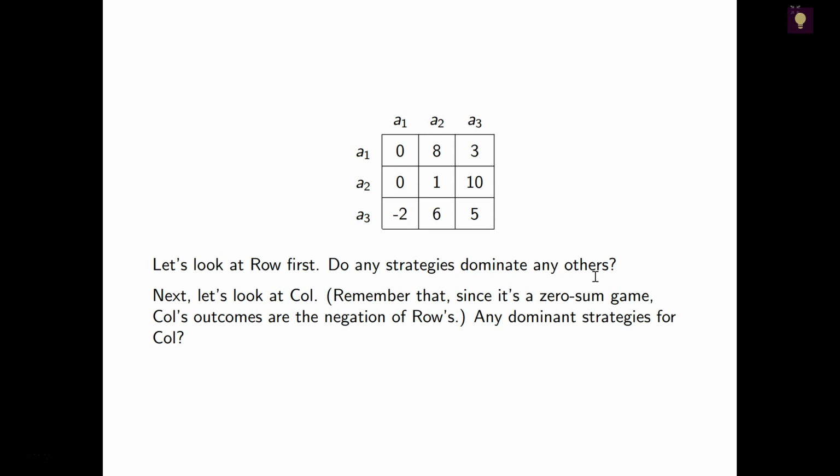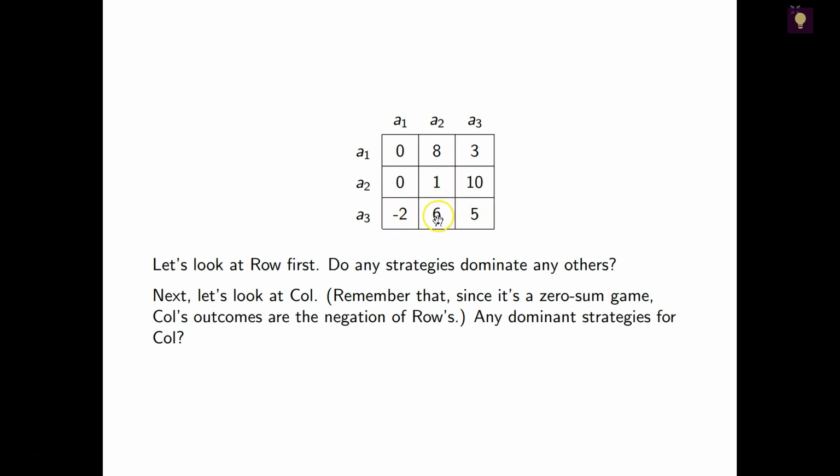Next, let's look at call. Remember that since it's a zero-sum game, call's outcomes are the negation of row's. Are there any dominant strategies for call, for player 2? Well, here we might start by looking at A1. For A1, 0 is better than negative 8, and better than negative 3. 0 is better than negative 1, and better than negative 10.